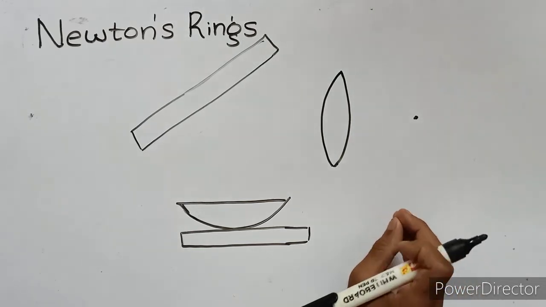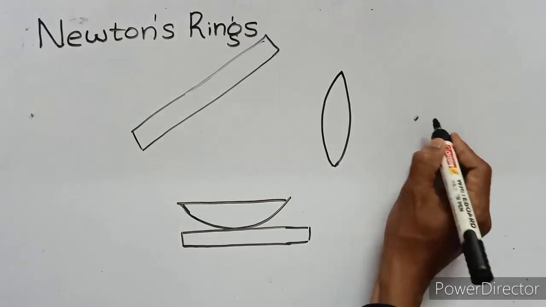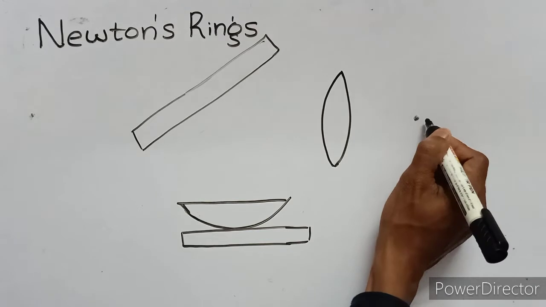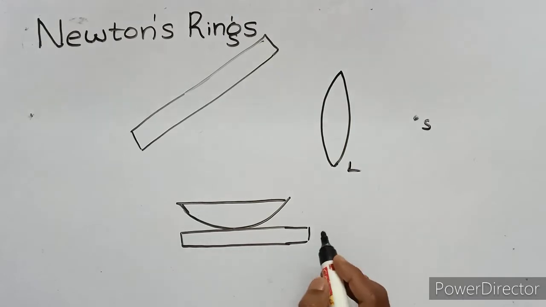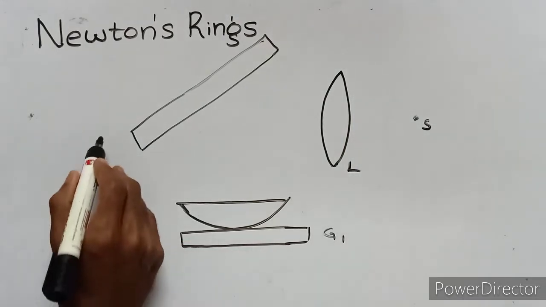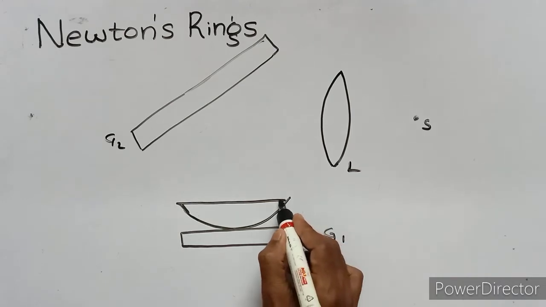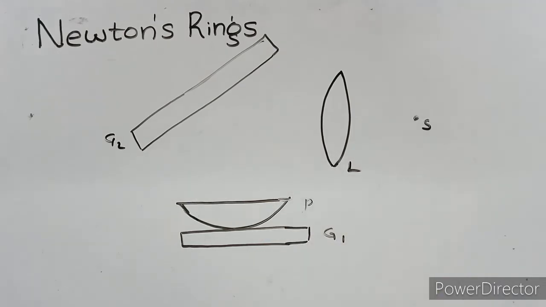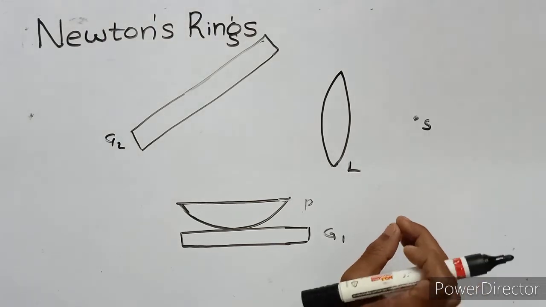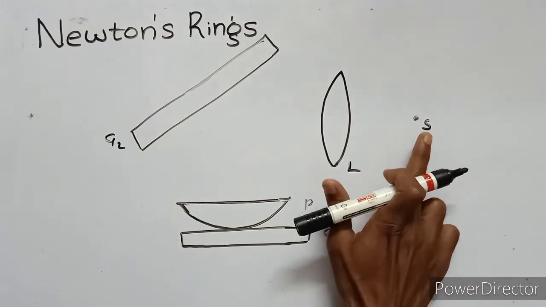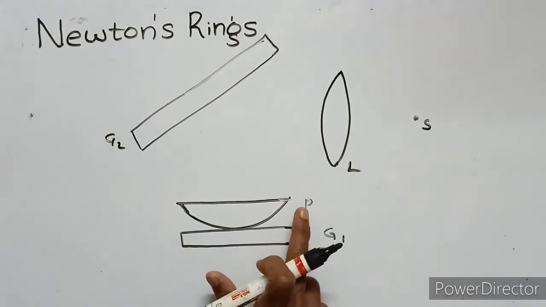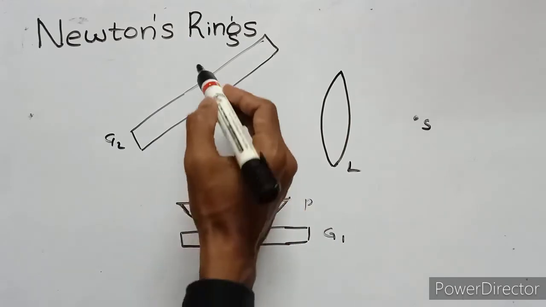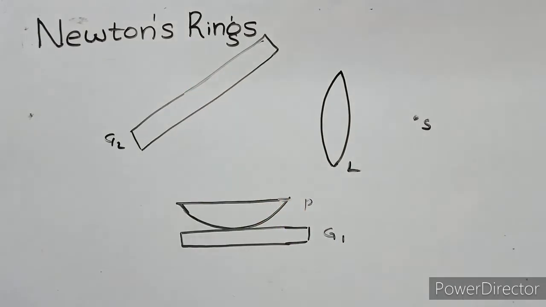The experimental arrangement consists of a monochromatic source of light S, a convex lens L, two glass plates G1 and G2, and a plano convex lens P, and finally a telescope or microscope to observe the ring pattern.